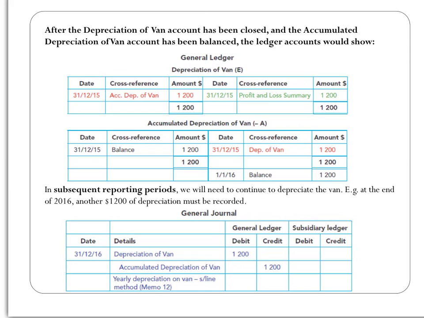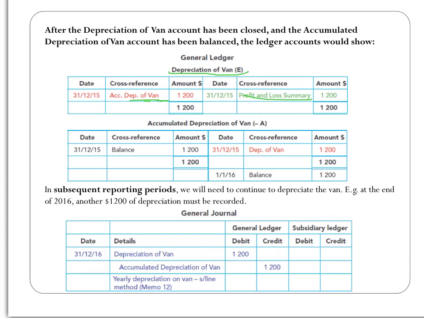In the general ledger, after you've closed off the depreciation of van expense account, remember how to close off an expense account? You need to credit the profit and loss summary. So we're transferring this expense across to profit and loss summary, and resetting this account to 0 to get ready for the next reporting period.